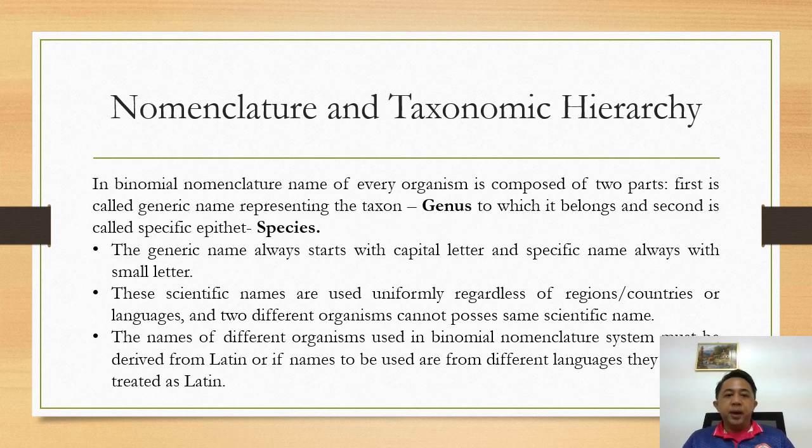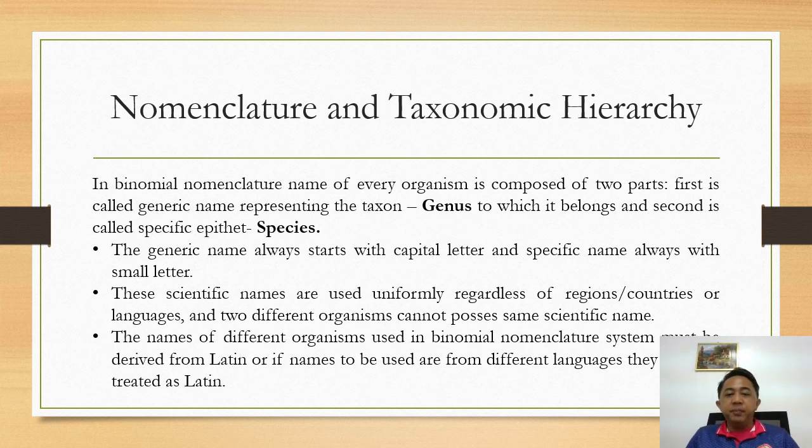Next, the binomial nomenclature, like what I have said a while ago, is composed of two parts. Okay, so a binomial nomenclature of a particular organism will always have its genus and the species.